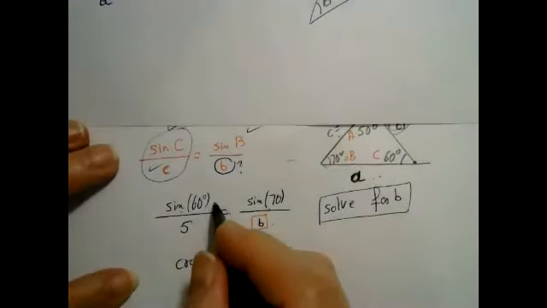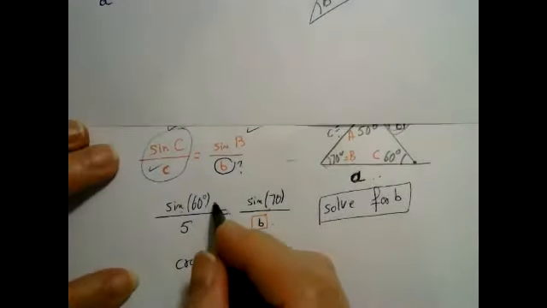It means b, which is my unknown, times the sine of 60 is equal to 5 times the sine of 70. Okay, so I cross multiply.